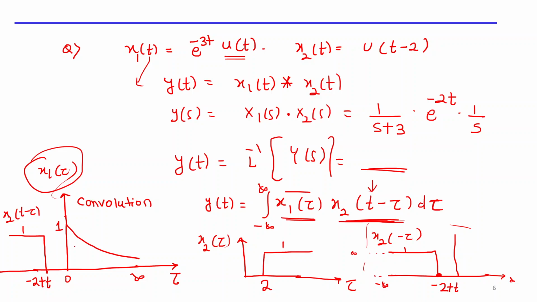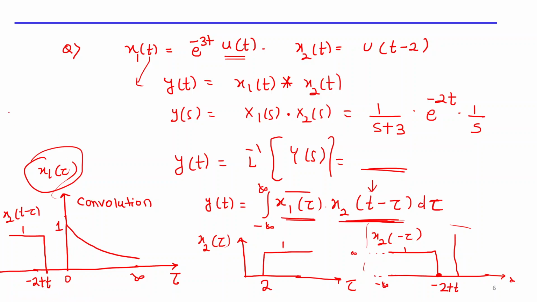Now your aim is to multiply these two signals. Multiplication will only happen when there is a common region. As you can see on my screen, there is no common region between the two signals.